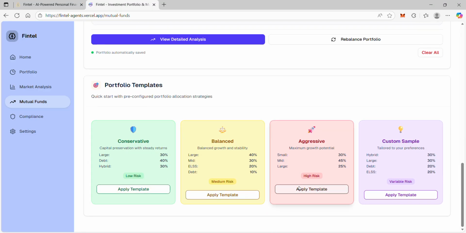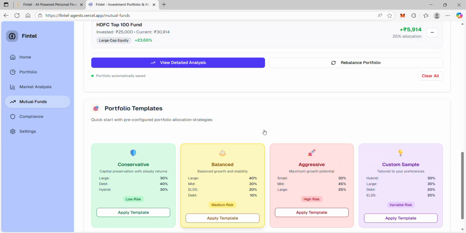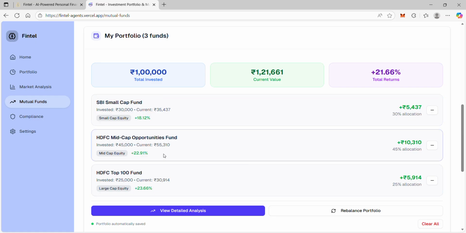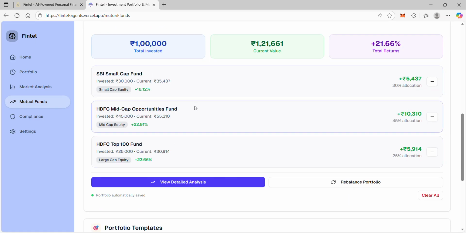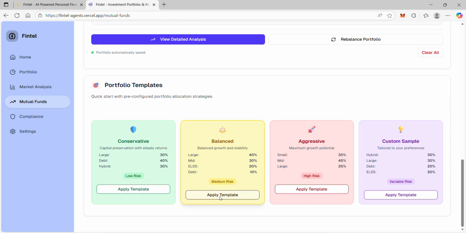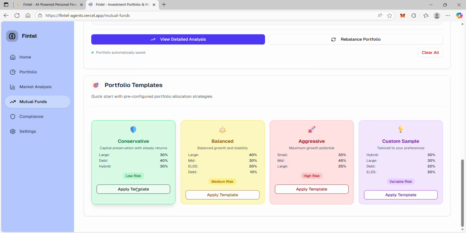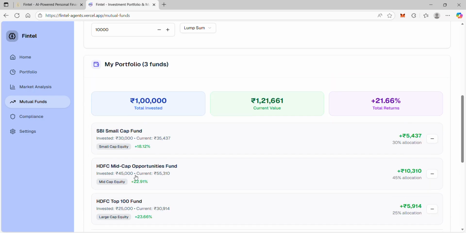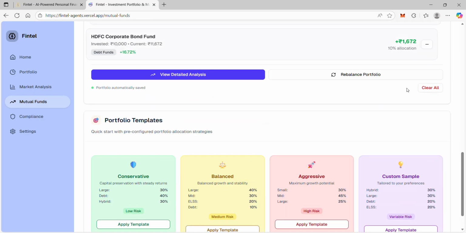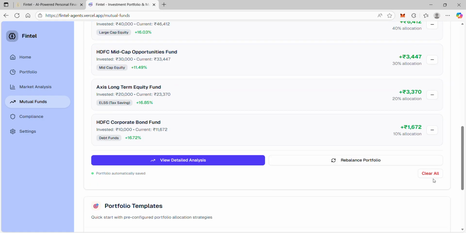In this case, I'll select aggressive, which will apply the aggressive template. See, first it was some other template. I'll apply this template. I'll just clear all.